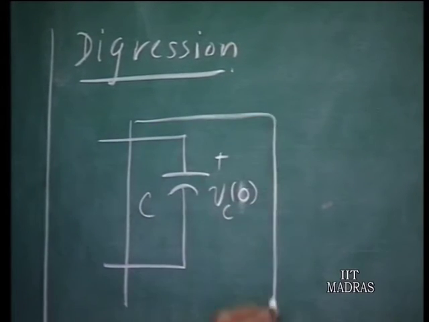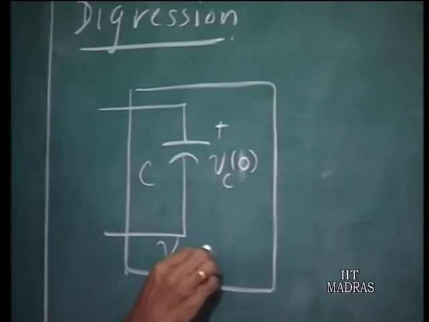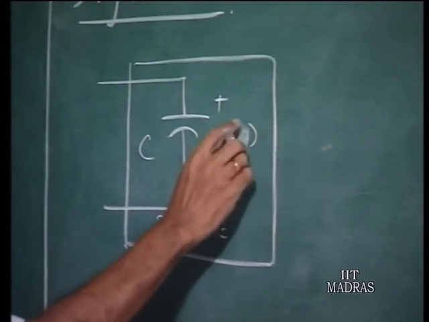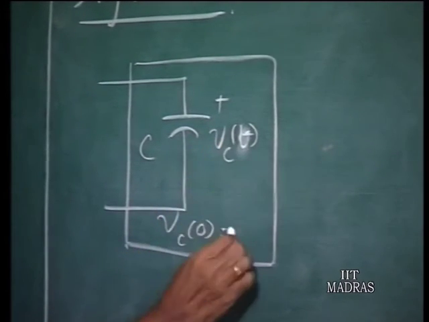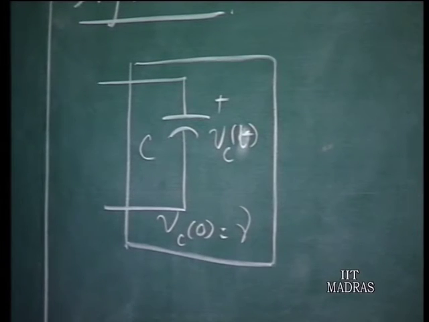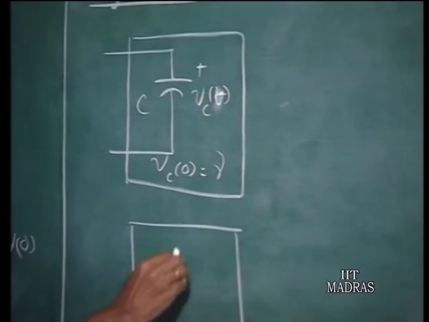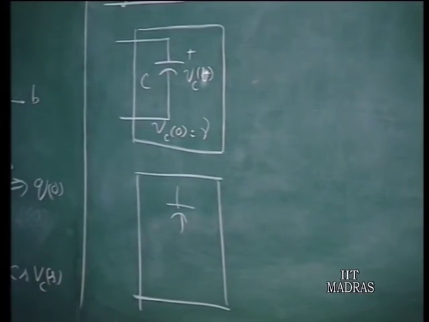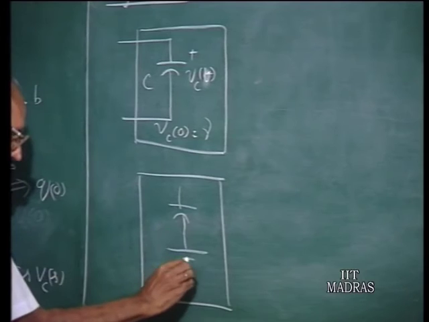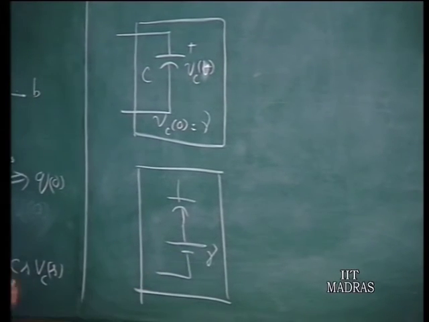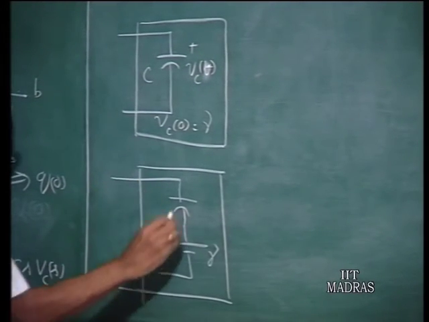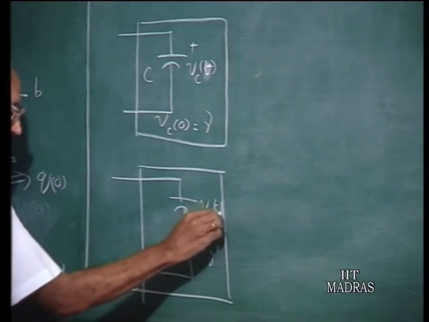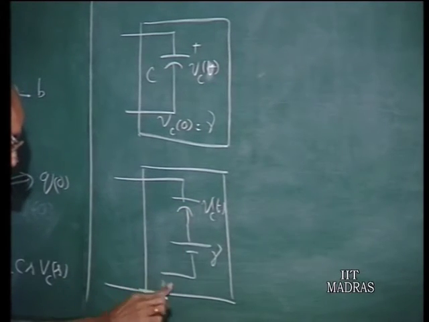The initial charge on the capacitor, this is Vc of t, the initial voltage of the capacitor, suppose, is gamma. I enclose this capacitor in a black box. Now let me take another situation where we have an uncharged capacitor in series with a voltage source equal to gamma, a DC voltage source. So here this is Vc of t, and we have Vc0 is 0.